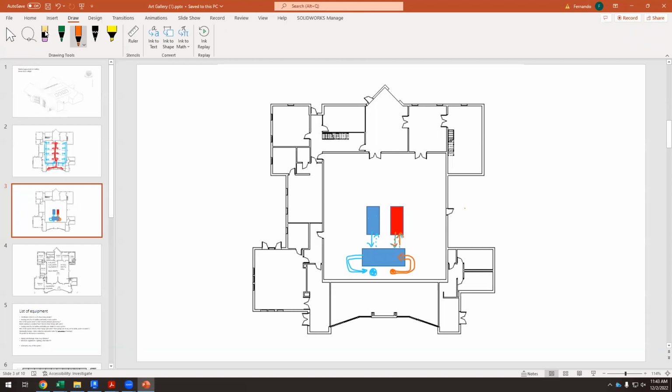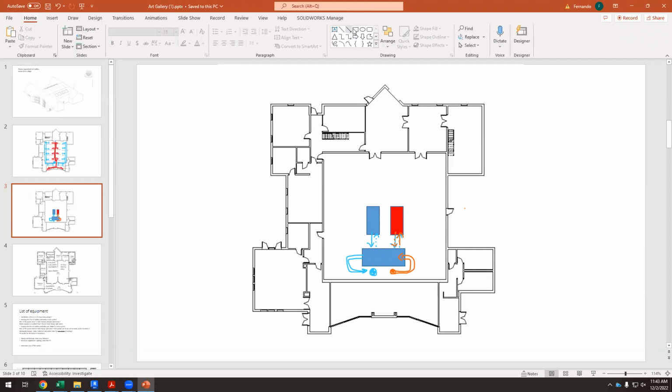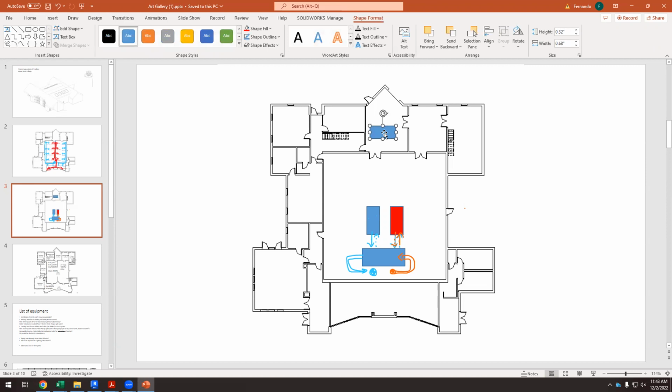Okay, and then I think I would use a different air handling unit in that mechanical room here. The same thing we saw in this building.